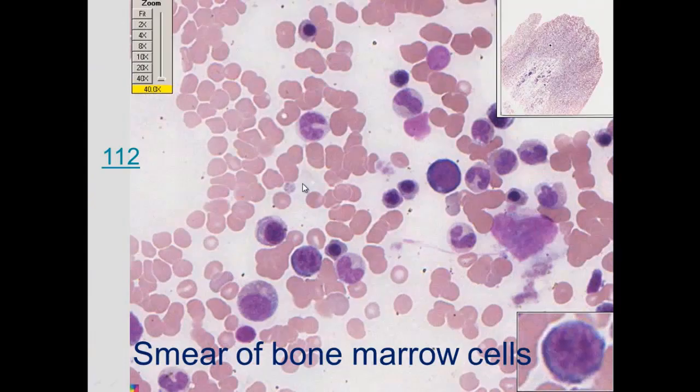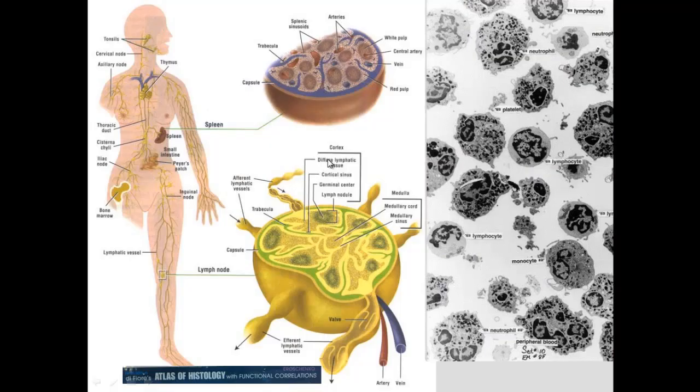So this is bone marrow, and here's a smear of the bone marrow cells. We can see this cell here with a spherical nucleus and dark blue cytoplasm. This is like a pronormoblast that's going to make a red blood cell. And then if you go further, you can see where the nucleus pops out, and then you have no nucleus and the mature red blood cells.